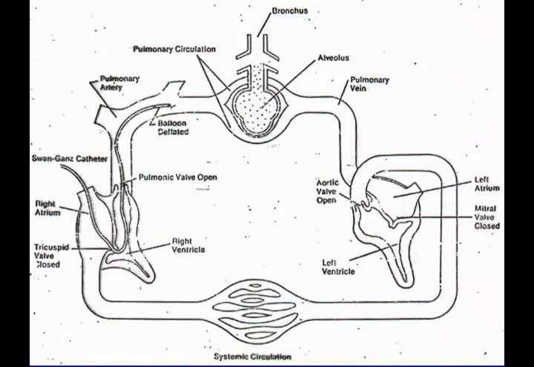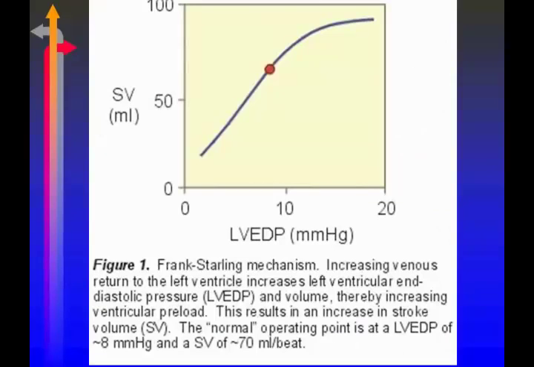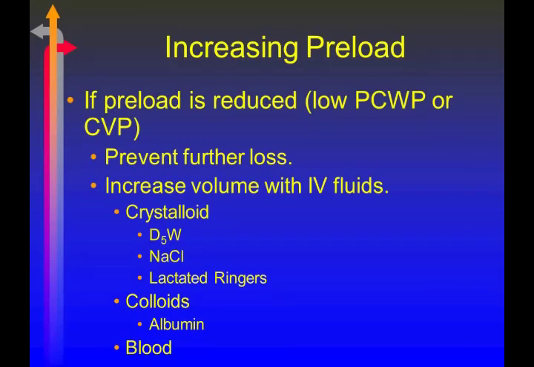Good. Okay. So again, this is what we're kind of looking at as we're going along. And as the left ventricular end diastolic pressure rises, so does the stroke volume. If preload is low, either a low wedge or a low CVP, primarily we have to figure out why we're losing volume and prevent further loss.